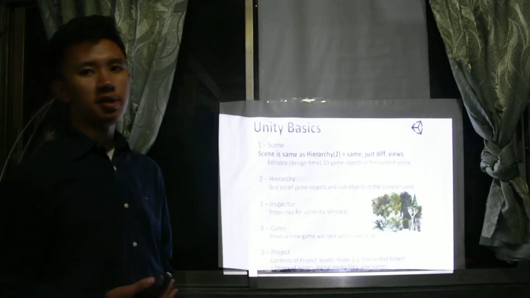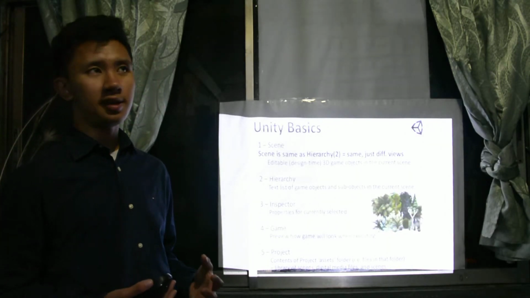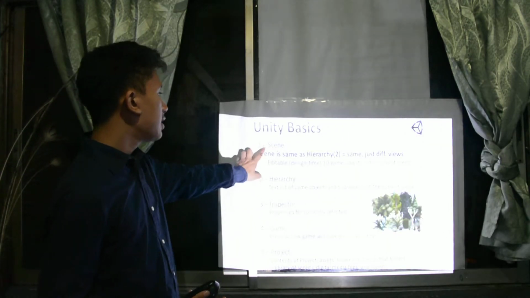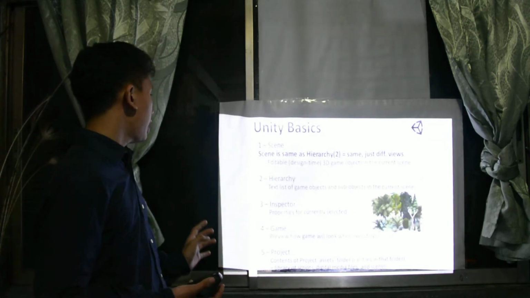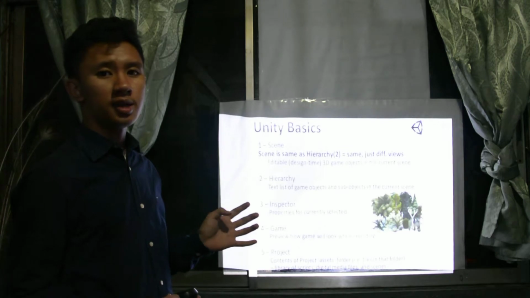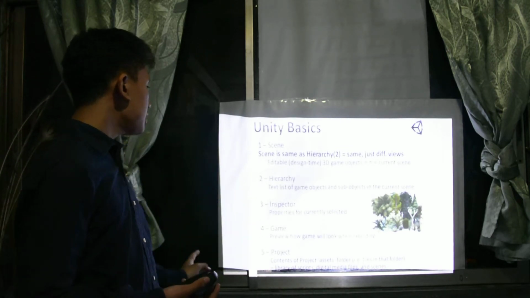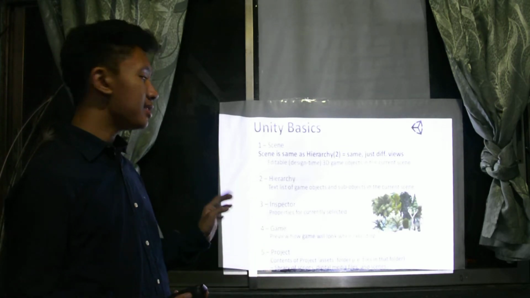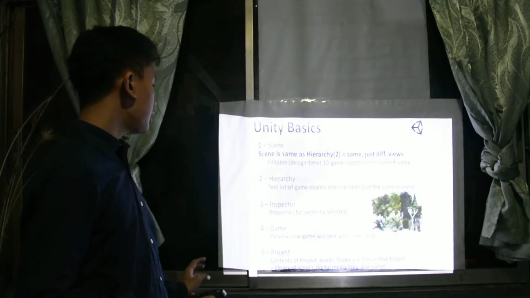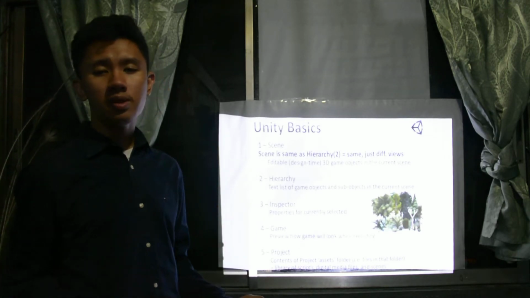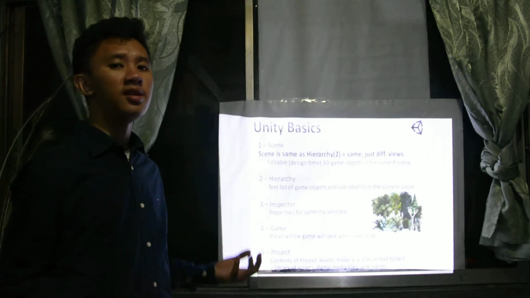So, in using Unity, you need to know the 5 basic things. First is the scene. The scene is the same as the hierarchy, just different views. It is the editable 3D game objects in the game. Next is the hierarchy. It is the text list of game objects and objects in the current scene. Third is the inspector, where the properties for currently selected objects are listed.